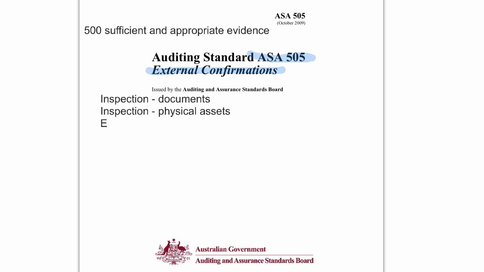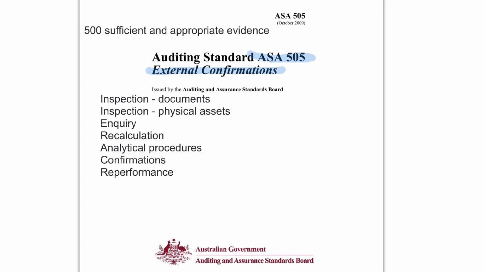We have inquiry, which is simply just talking to people. We have recalculation, analytical procedures. We have confirmations, which is what we're going to look at today. We've got reperformance, and we've got vouching, and we've got tracing.